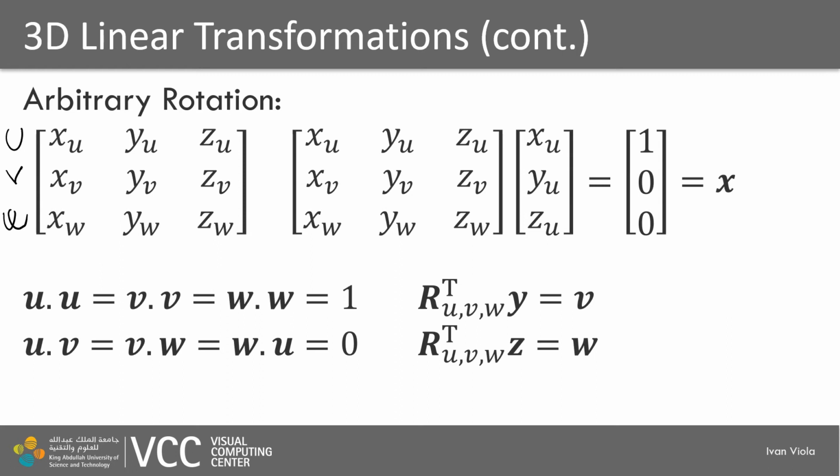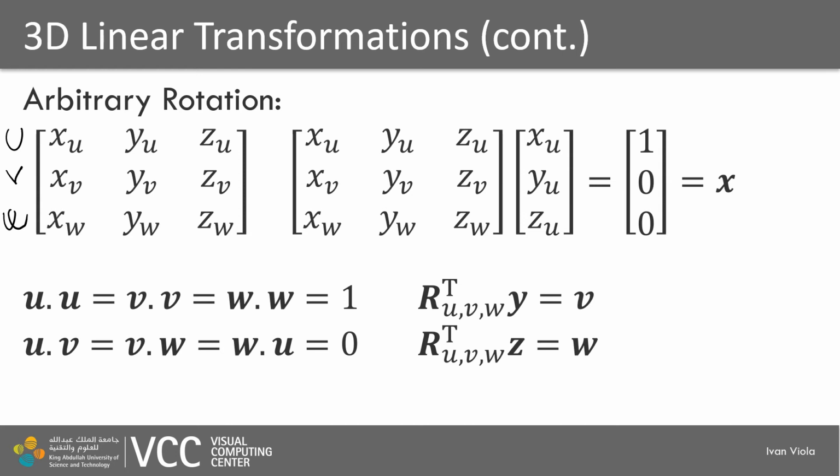These three orthonormal vectors u, v, w form a coordinate frame, and 1, 0, 0 corresponds to the x-axis in the canonical coordinate system. Now, the same will happen if we post-multiply this row matrix with the vector v: xv, yv, zv aligned in the column, and therefore the outcome will be 0, 1, 0, which corresponds to the y-axis.